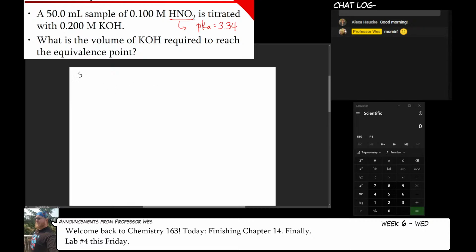All right, so I have 50 milliliters of 0.100 moles per liter HNO2, and I am titrating with 0.200 mole per liter KOH.